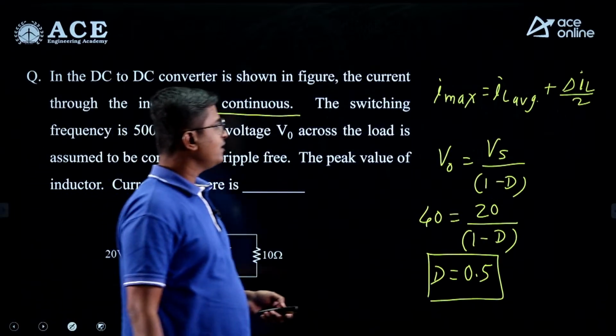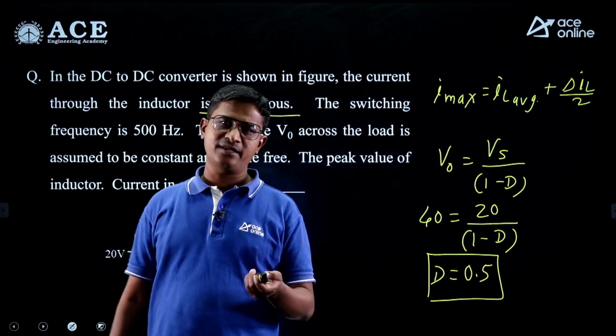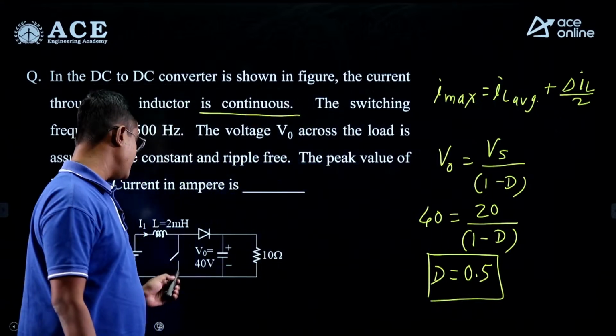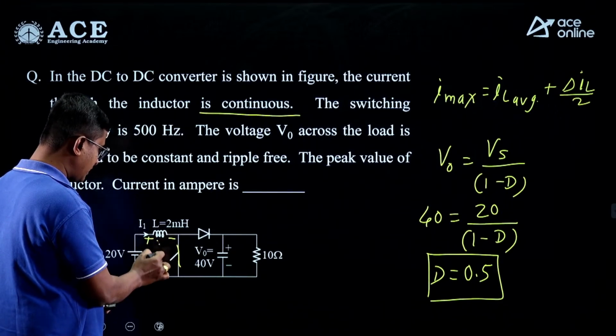Now we need to find delta IL. For finding delta IL, simply write during t equal to 0 to DT, when the switch is in on state, what is the voltage across the inductor?